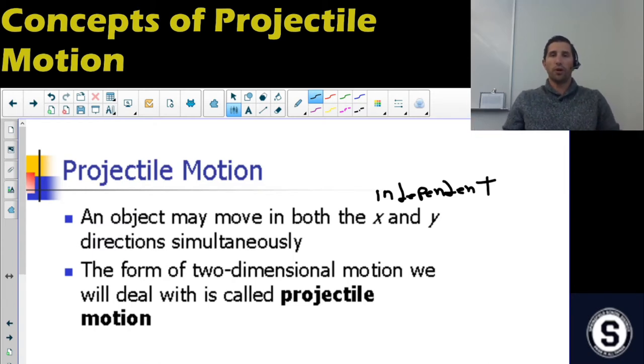But this form of two-dimensional motion, X and Y motion that we have, is called projectile motion. And just to be clear about what is a projectile, basically any object that's in free fall. And we talked about free fall before. We learned that if an object is flying through the air and it's under the influence of only gravity, then it's in free fall. And that makes it a projectile. So if we kick a soccer ball, once it's kicked and it's off the ground, it's a projectile.